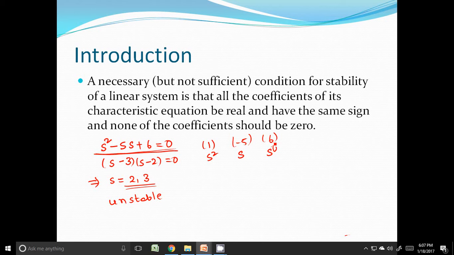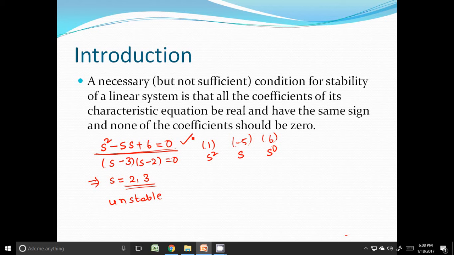Here the coefficients of the characteristic equation have different signs: plus 1, minus 5 and plus 6. So directly we can say the system is unstable instead of calculating all these closed loop poles.